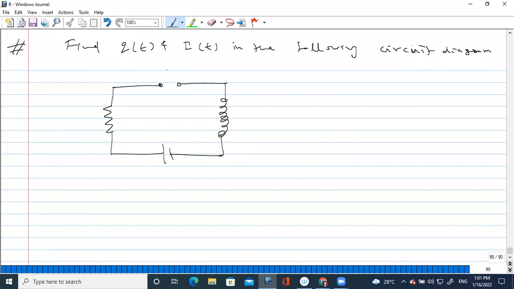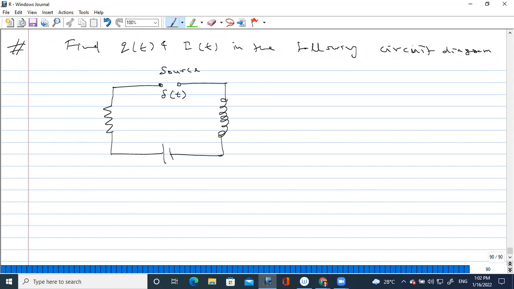Okay, so this is your source. At this source, suppose this is your f(t). Actually here delta t is given.